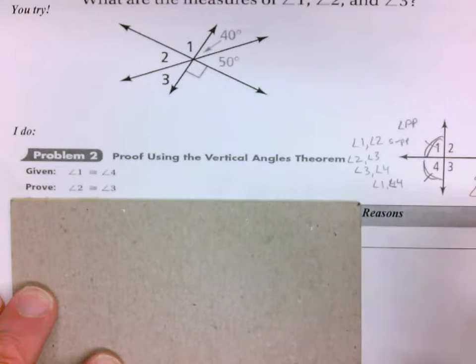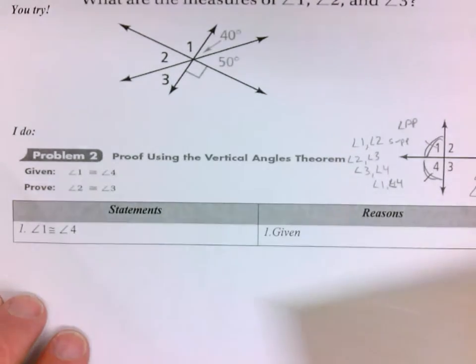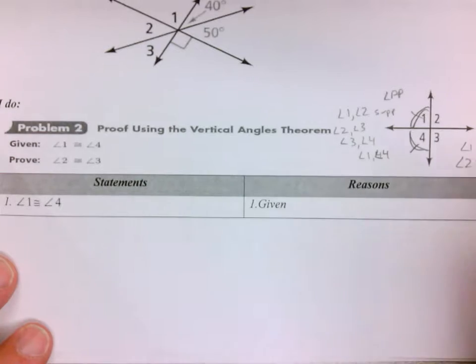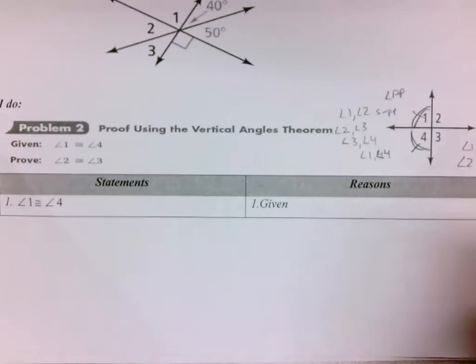So the question becomes, can I somehow do a substitution to show that those two angles are congruent? So I already got my given listed, angle 1 and angle 4. And I go back here and look at what I wrote down.